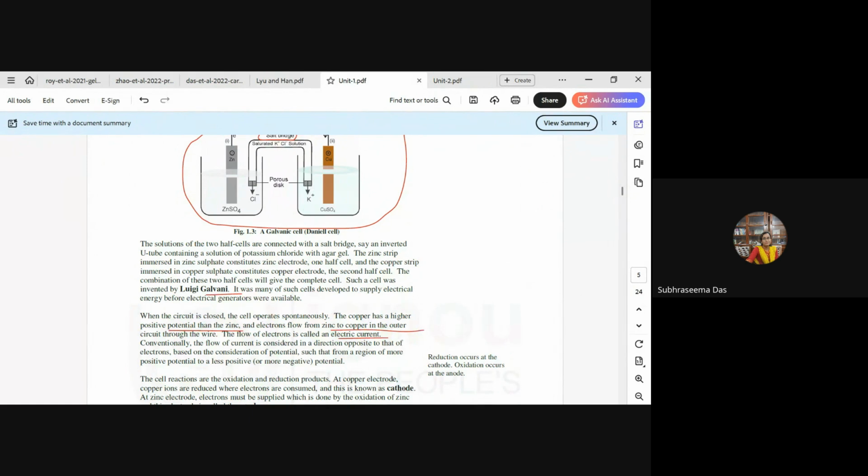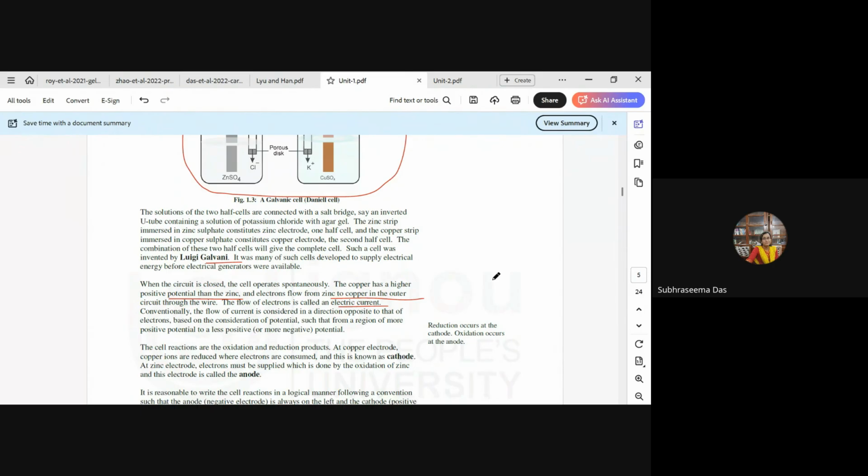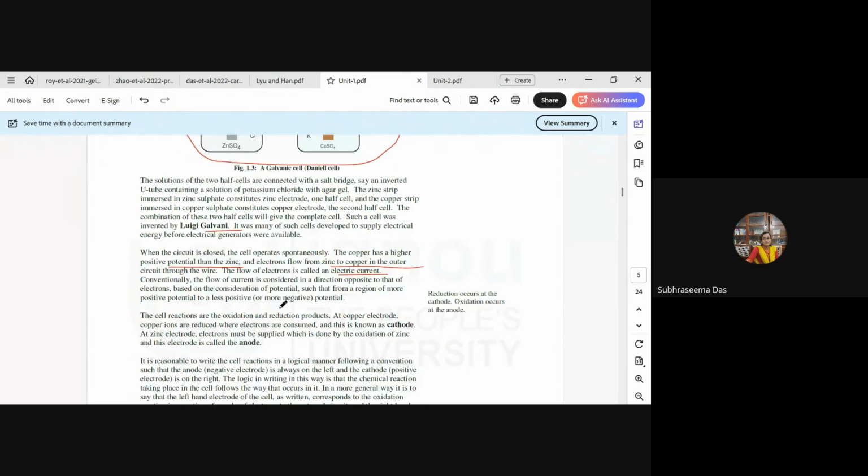Conventionally, the flow of current is considered to be opposite to that of the electrons. The cell reactions are oxidation and reduction processes.